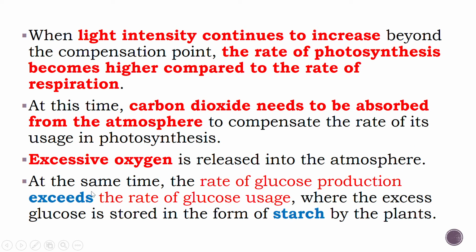At the same time, the rate of glucose production exceeds the rate of glucose usage. So there is excess glucose produced, and therefore it will be converted to the storage form of glucose, which is starch in plants.